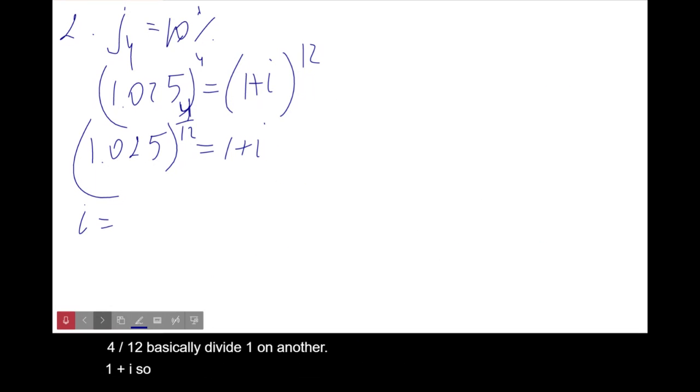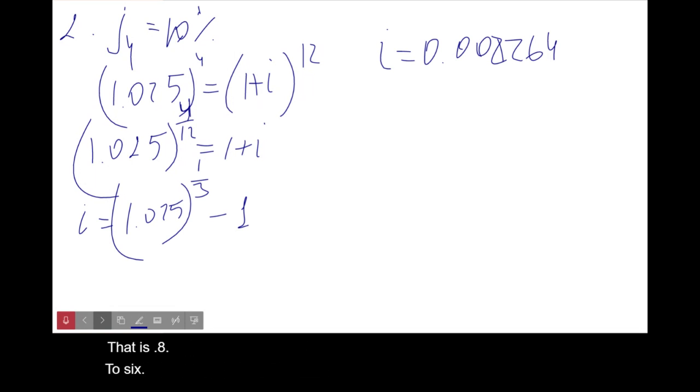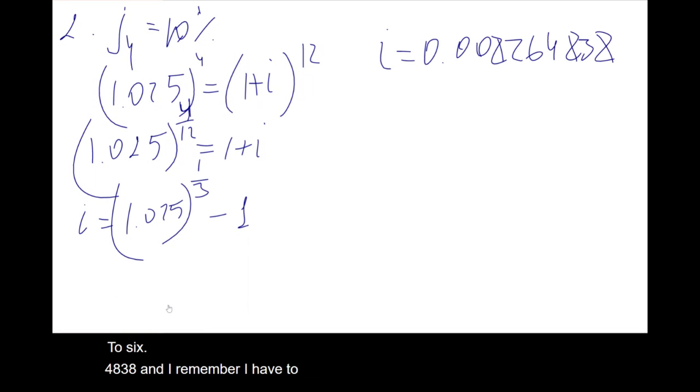So i would be 1.025 exponent 1 over 3 minus 1. So let's calculate i. That is 0.008264838.